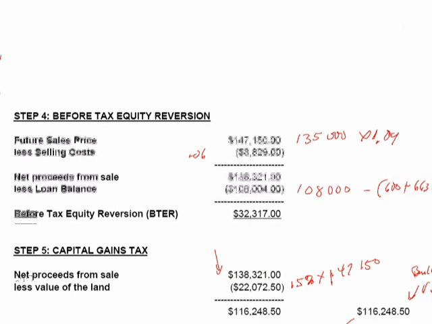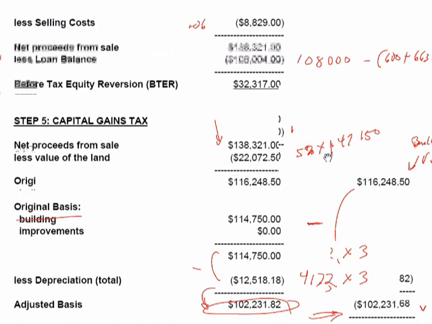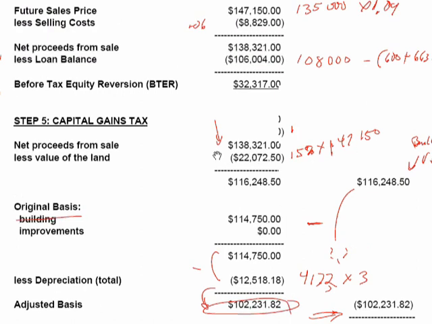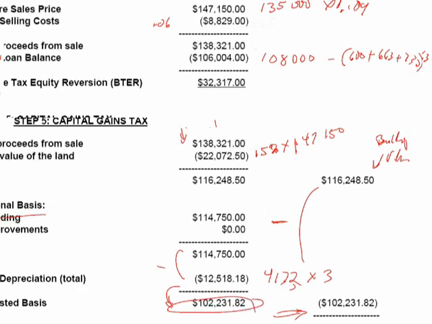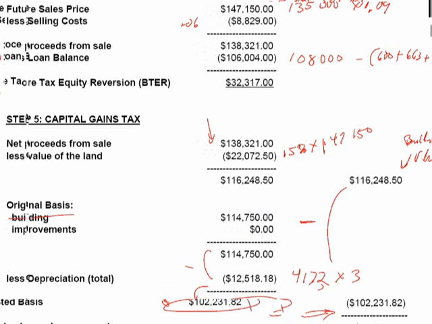So, if you take 15% of the future sales price of 147,150, that's the value of the land at the end of the third year. So subtract that from the net proceeds from sale. That gives you the value of the building at the end of the third year. So this chicken scratch actually says building value, but the building value is 116,248.